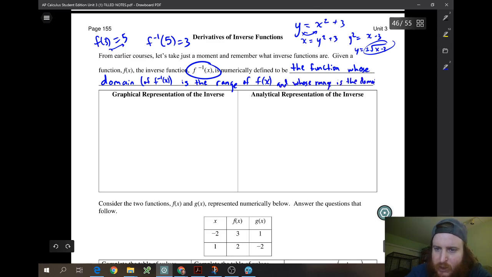That's a really fancy way of saying to just switch the x and the y. That's the really easy way to say it.